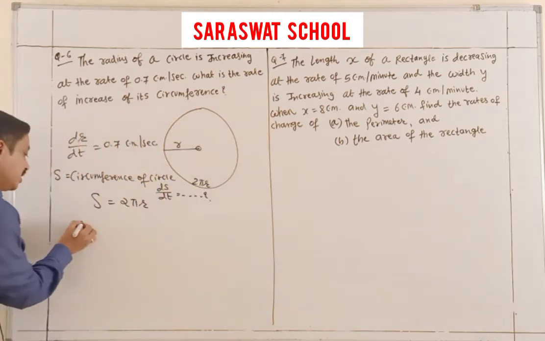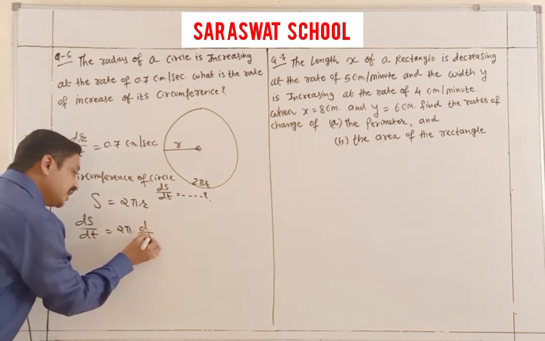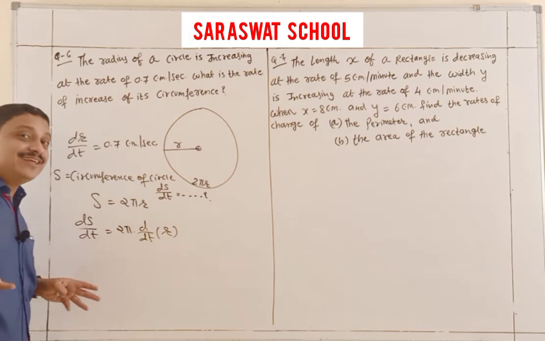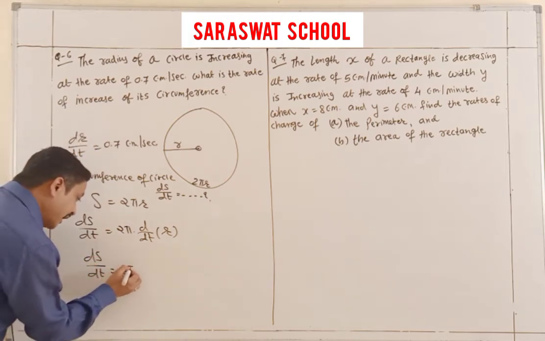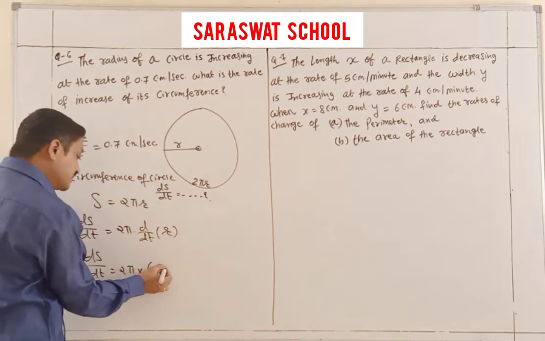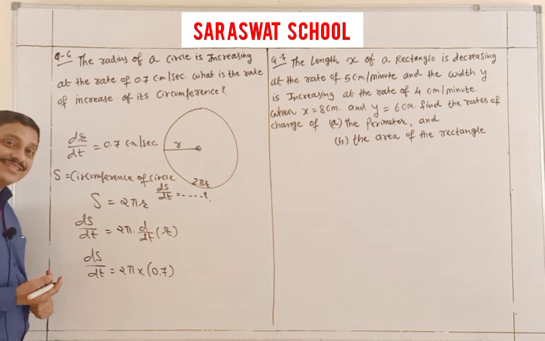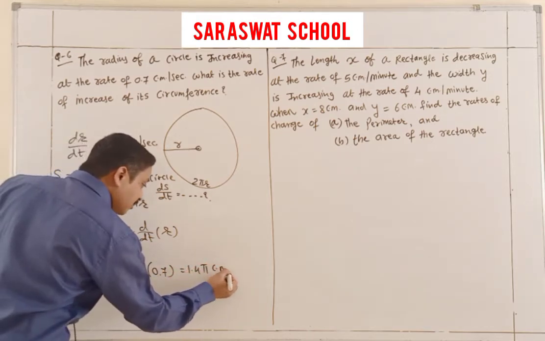So here dS versus dt, 2 pi constant and d by dt of r, and that's finished. 2 pi, what is the r? dr by dt is 0.7. Finish. 7 twos are 14. It is 1.4 pi centimeter per second.